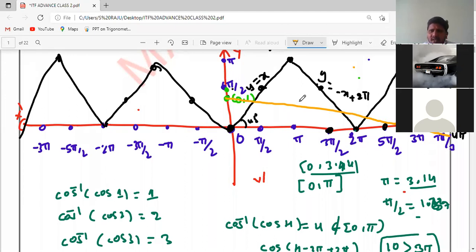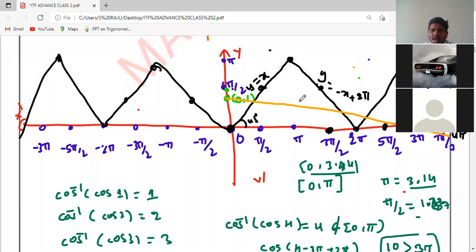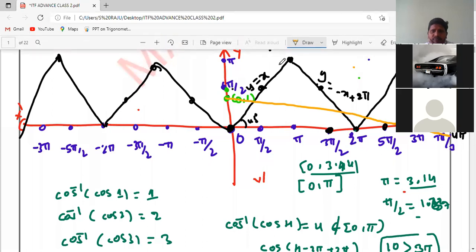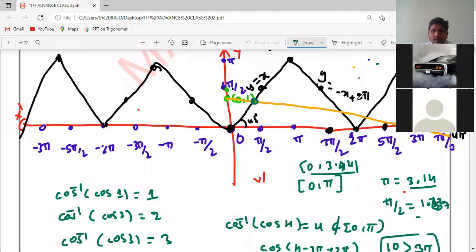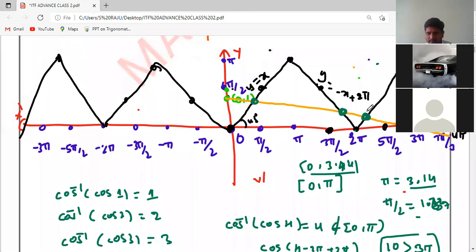See here, the given line can meet the given graph of the curve at how many points? 3 points. Students, 3 points. 1, 2, 3. Okay, that's it. The number of points which can meet the given graph will be 3 points. The answer will be 3.